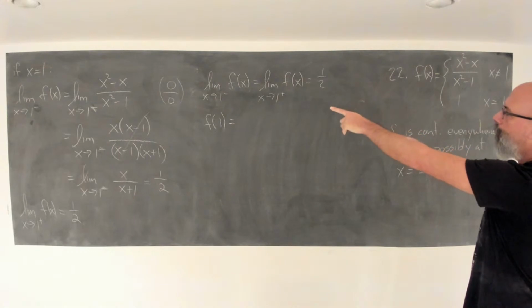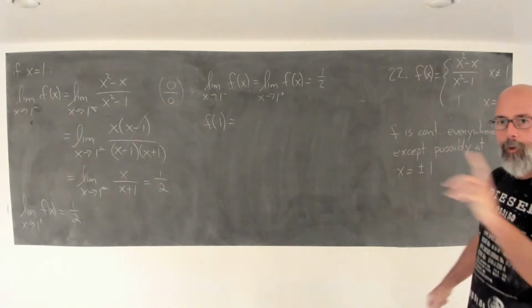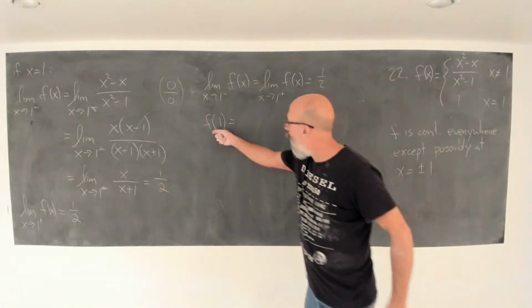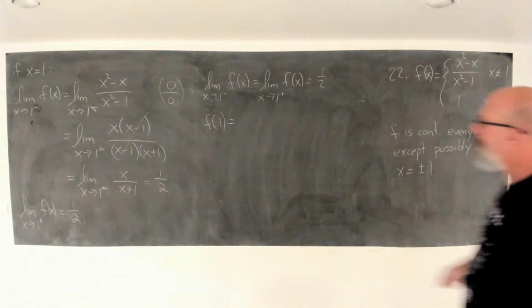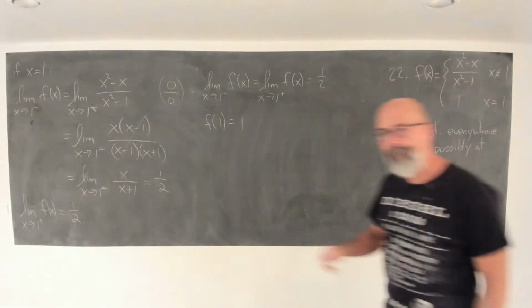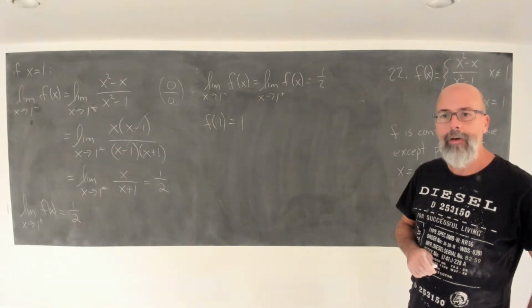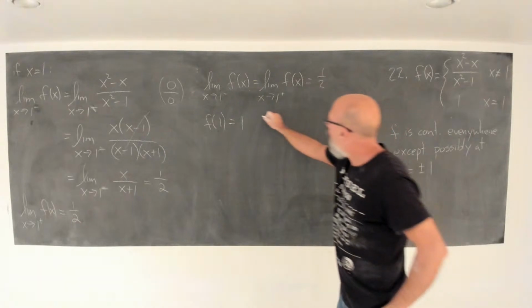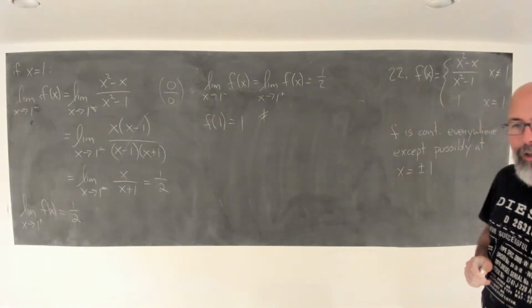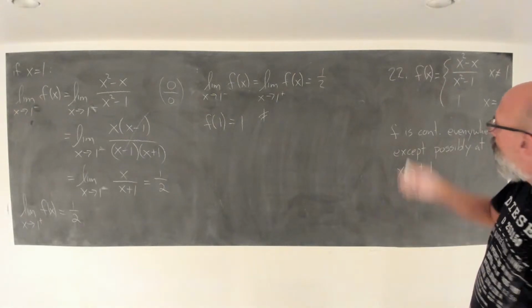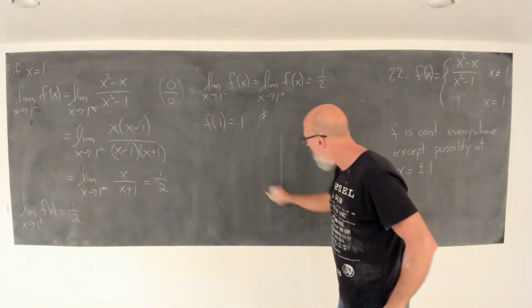So we need the limit from the left and limit from the right to be equal, but we also need it to be equal to f of 1 in this case. And f of 1 is equal to 1. So they're not equal. So the function is not continuous. Let's understand what would happen.